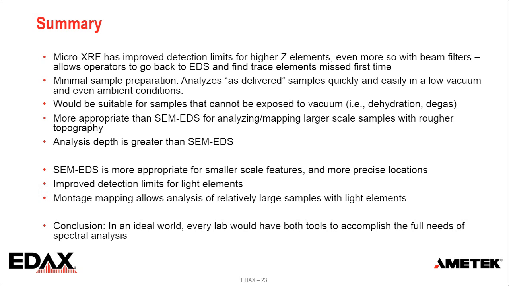If the detectors are equipped with a silicon nitride window, which has super low X-ray transmission, this allows separation of extremely low energy lines like the silicon L line and aluminum L lines, and also a trace amount of carbon quantification and high count rate. The montage mapping option for EDS allows an analysis of relatively large samples with light elements.